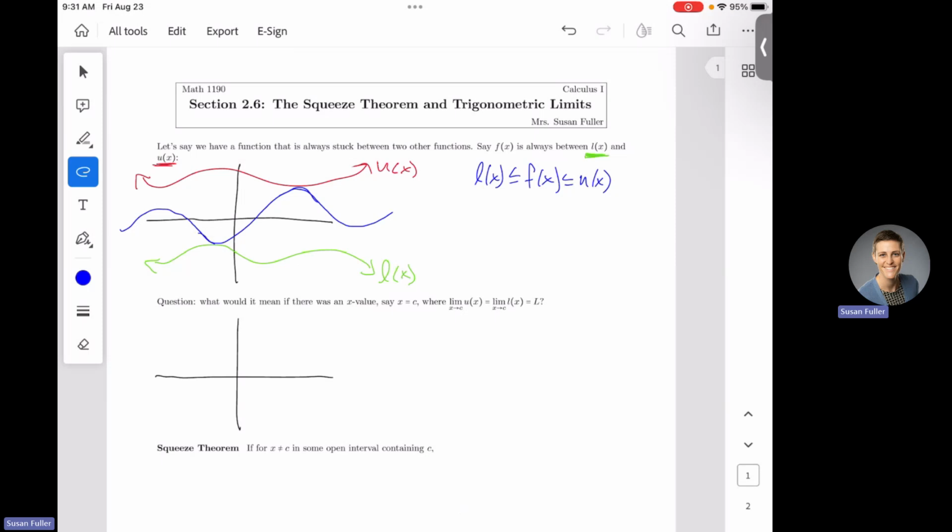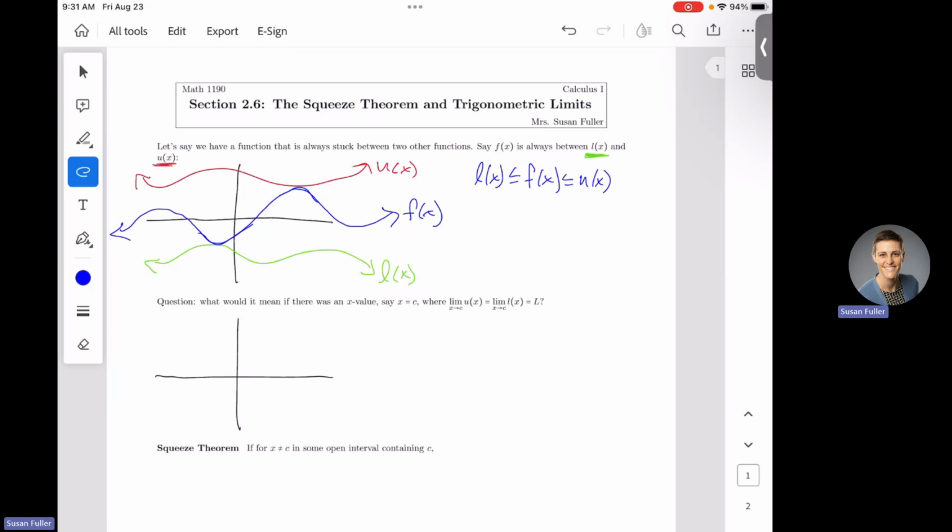We can touch these functions, but the function f can't cross to the other side. That red one has to stay above or equal to the blue one, and that green one has to stay below or equal to the blue one everywhere. So our function f of x is this middle one.